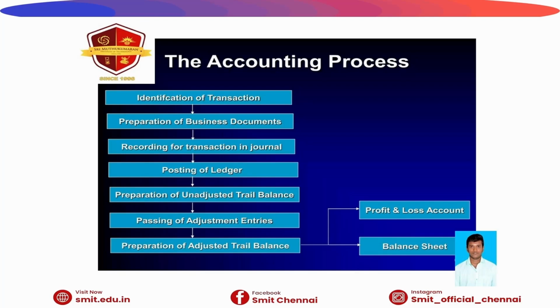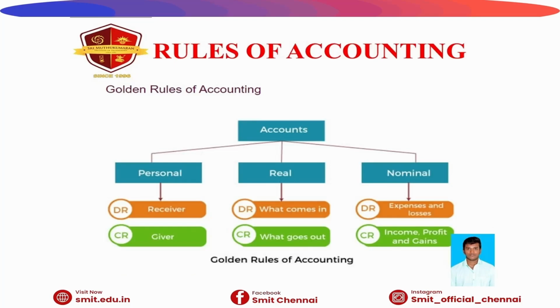The final accounts are the trading and profit and loss account, and then finally the balance sheet. This is the final accounts. And next we can move on to the golden rules of accounting. And by using these golden rules only, we will put the journal.